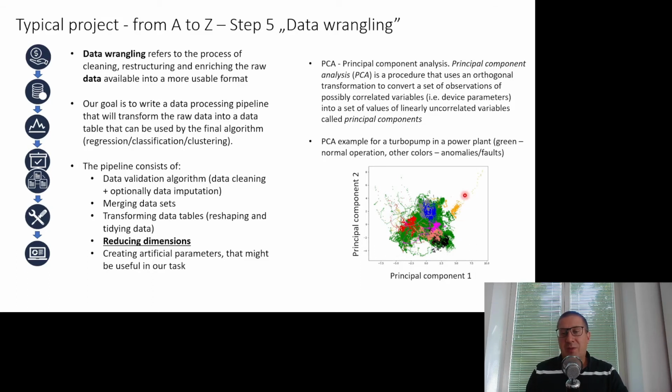And here, for example, you can see, let's say, a small island of data points, of values that are related with a particular type of a failure. We couldn't see this in the original coordinate system, but thanks to this PCA transformation, by looking at just the first two principal components, we can see it. And sometimes it's easier to operate in this, let's say, artificial linearly transformed coordinate system with fewer features.